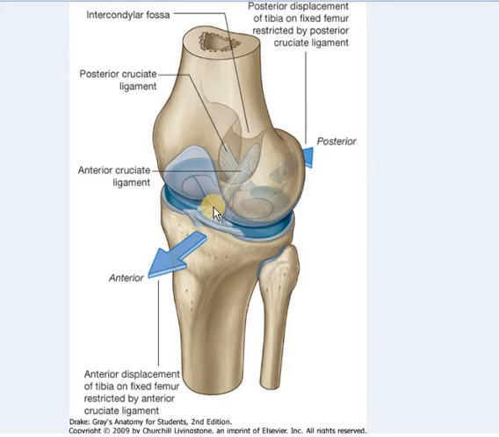Cruciate means cross, meaning these ligaments make a cross with each other. You can see that these two ligaments cross each other.